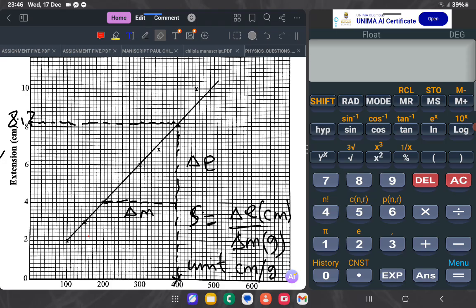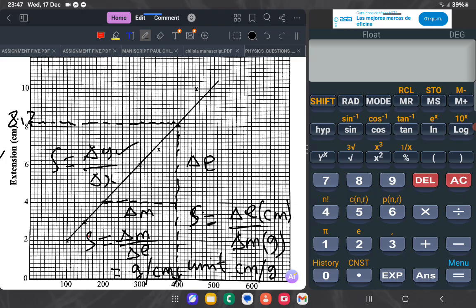So take note, centimeters per gram. Don't do the opposite. Some may, for some reason, do the opposite. They will say slope is equal to change in mass divided by change in extension. This will give you a different unit of gram per centimeter, which is wrong, because by definition slope is change in y divided by change in x.